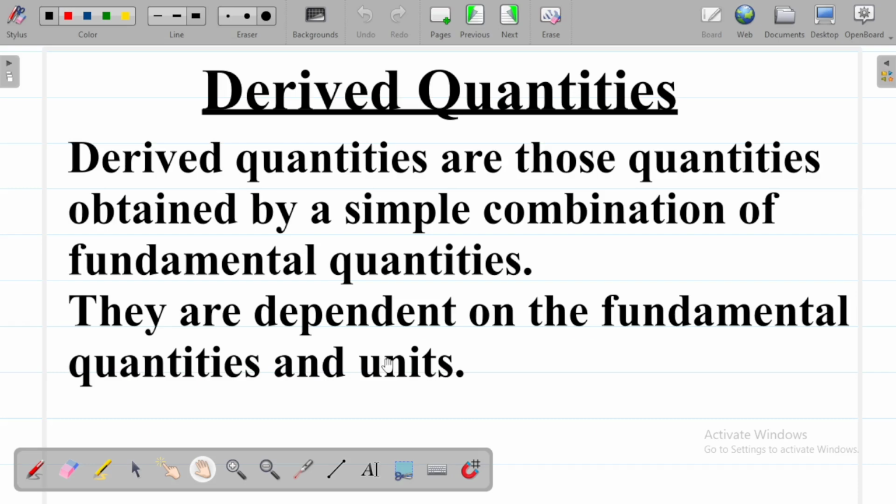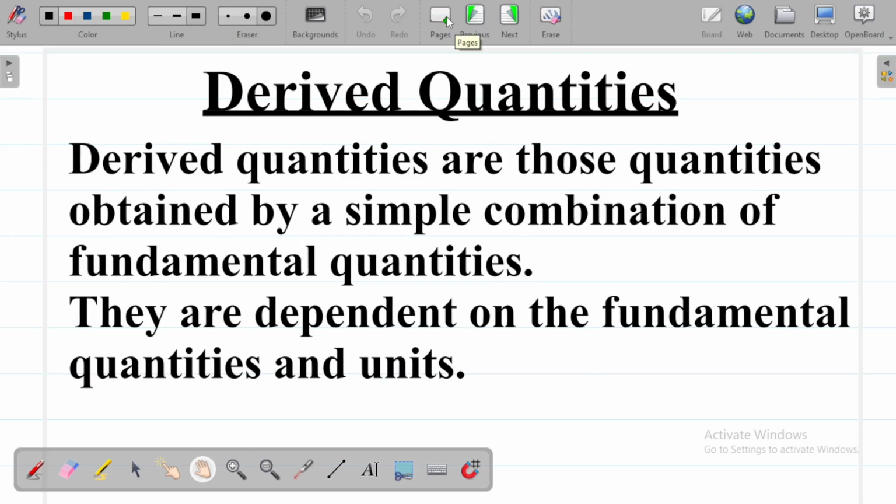Now take note of this. Fundamental quantities are independent. That's to say, they rely on themselves. But derived quantities are dependent on fundamental quantities. You have to combine two or more fundamental quantities for you to get a derived quantity.